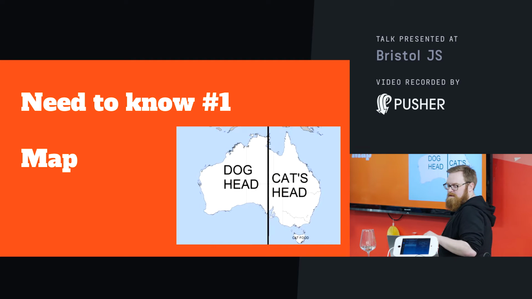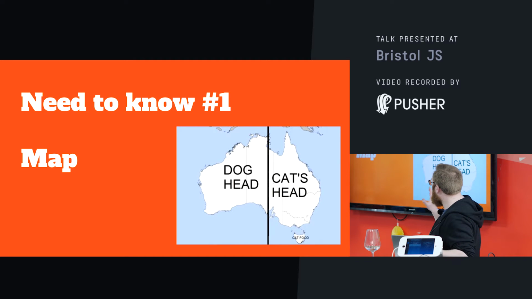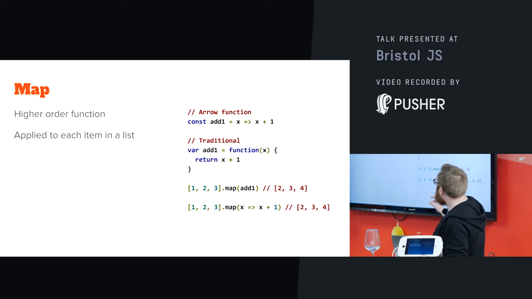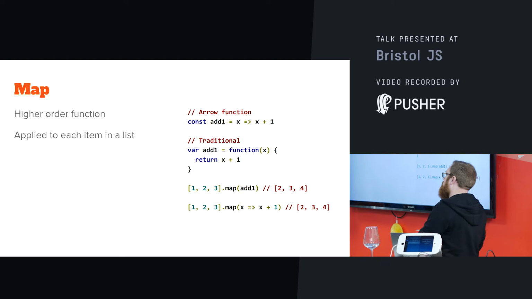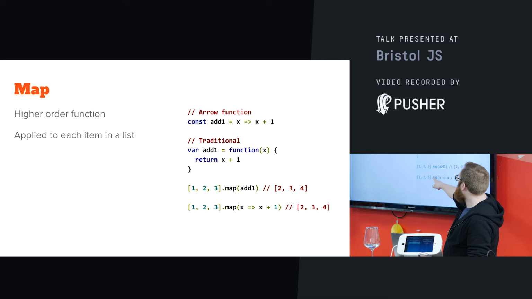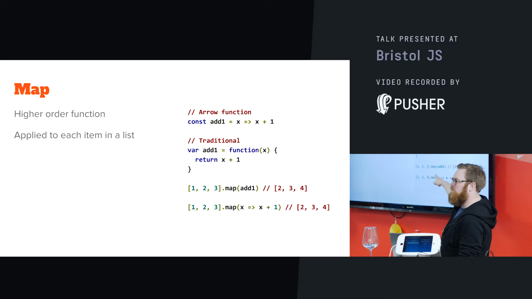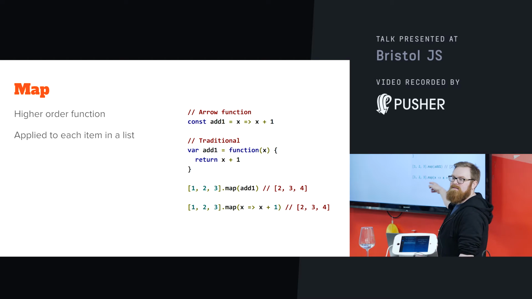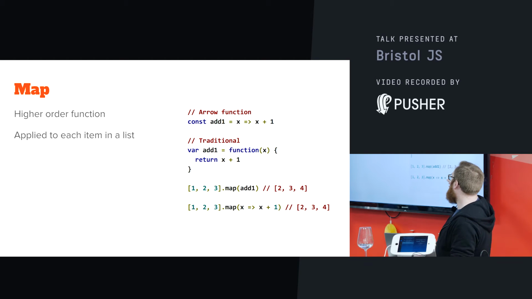So, yeah, map. A little refresher on map. So map is a higher order function, which basically means it's a function that takes another function. And the function that you give it is then applied to every item in the list. So let's say, for example, we have a list with some numbers in, 1, 2, and 3. And I call map on that list. The function I give to map then gets applied to each item in the list.